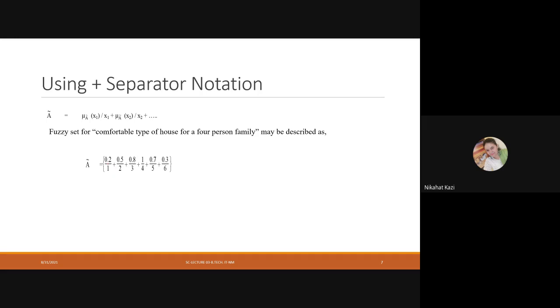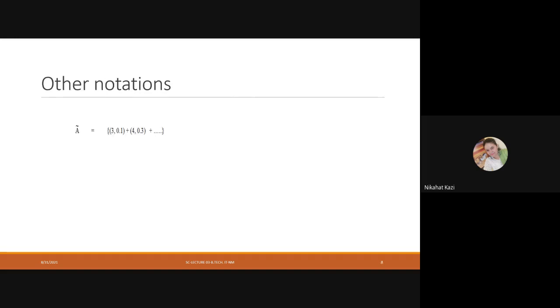So 0.2 by 1, 0.5 by 2. It is not the other way around. Remember, membership is on top and the element is below. So this is one more notation which is used in the literature, and then there are other notations. Instead of the comma, you put the plus. In the ordered pairs notation, it remains the same, only instead of a comma there is a plus.